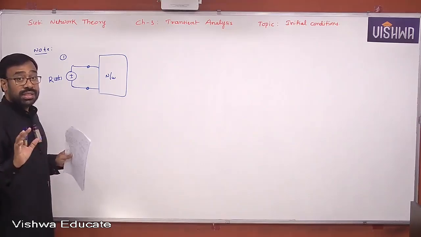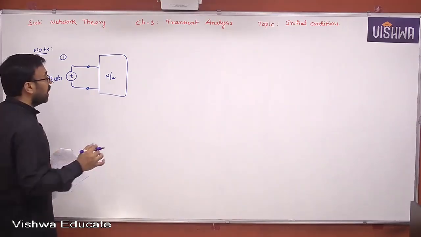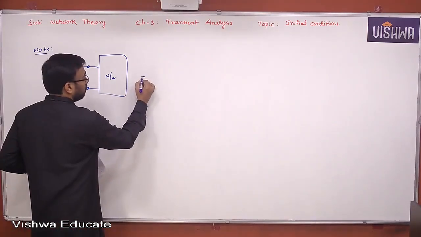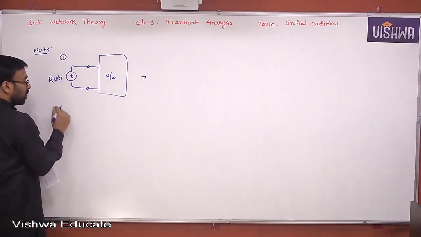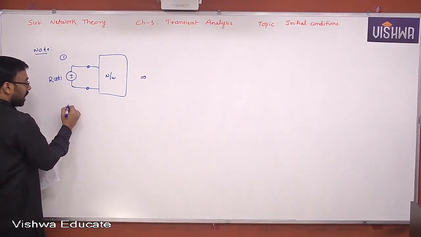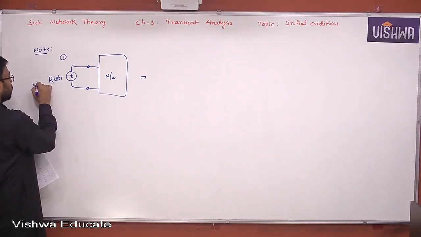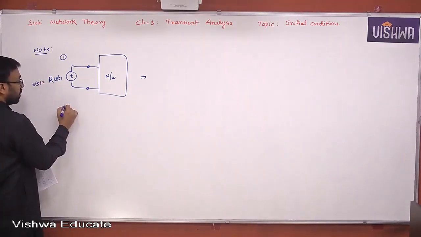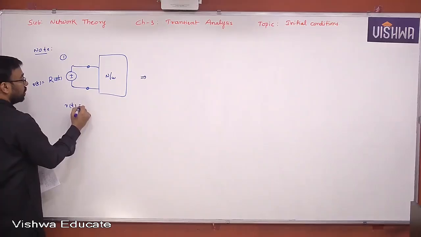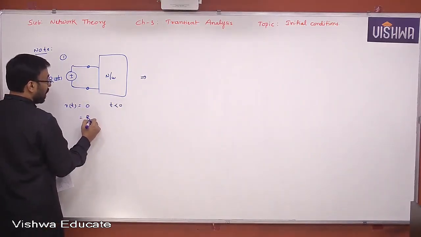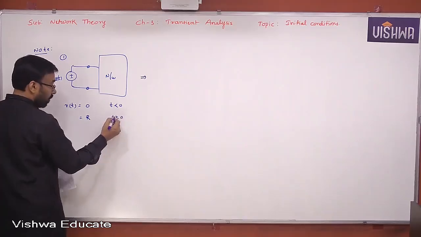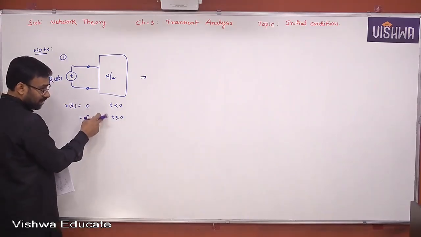So this is how I would like to do it now. How can we do it? Because we know that we can define this entire source value. Small r of t, let us say, is equal to 0 for t less than 0, and equal to capital R for t greater than or equal to 0. Yes or no, all of you? That means here the switching is taking place.